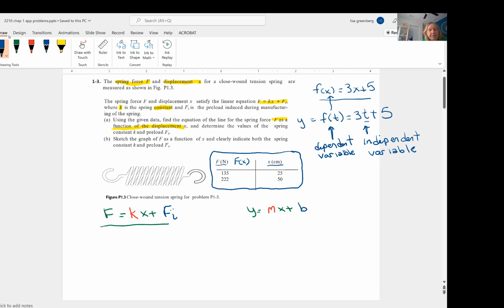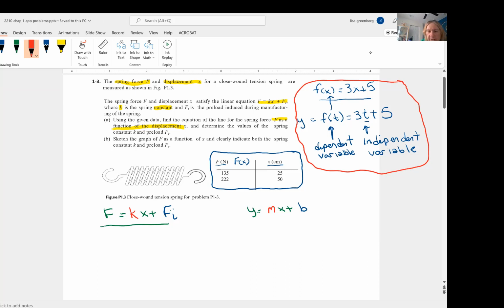So if you know what y equals mx plus b means, then now we know what f equals kx plus f sub I means. So the first thing we would do is, well, I have to find m and b, because eventually I need to have something of this form, right? Y equals something, f equals something, f of, it doesn't really matter. They're all still linear, okay?